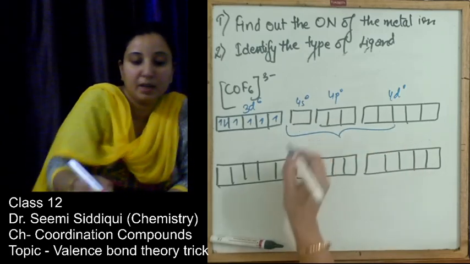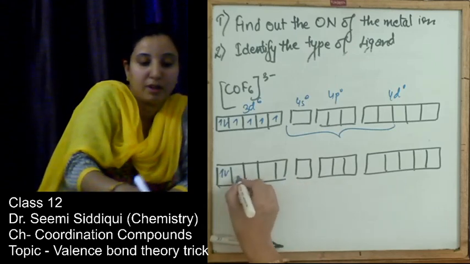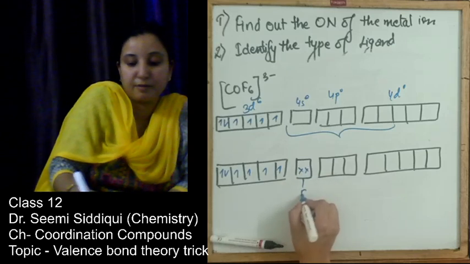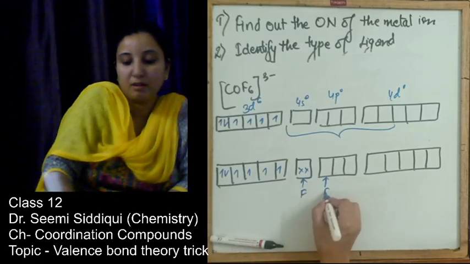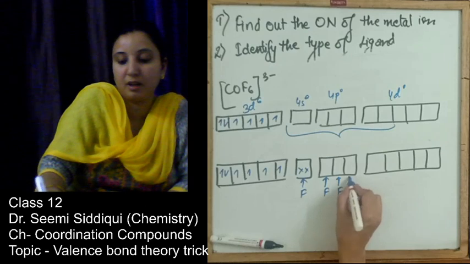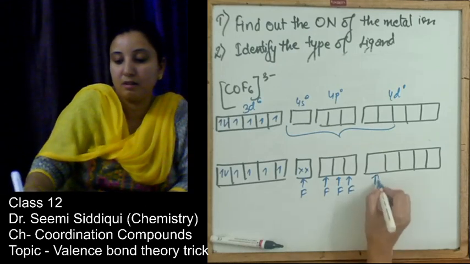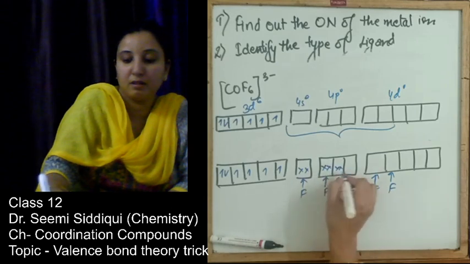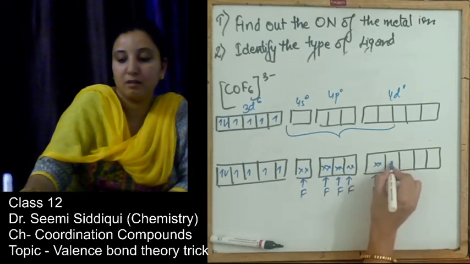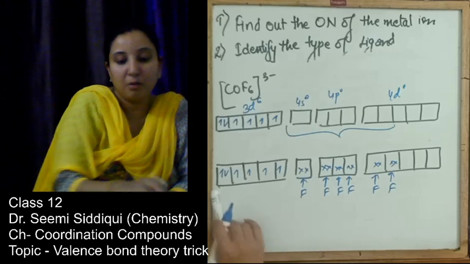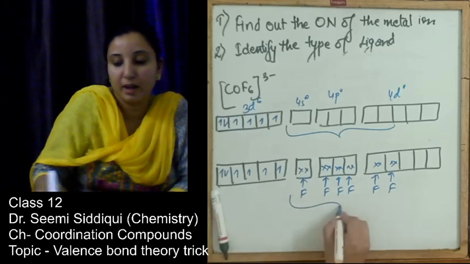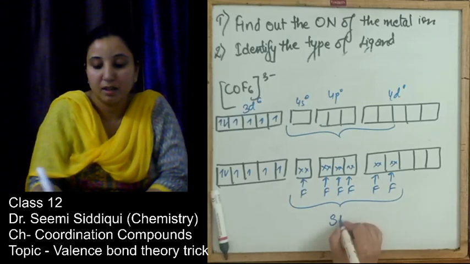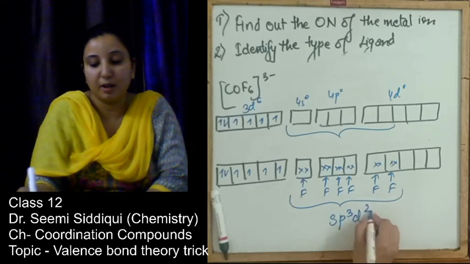So what will be its orbital picture now? 3d6, then fluorine, fluorine, fluorine, fluorine, fluorine, fluorine. Now over here, if you look, it has come in a combination of s, p3 and d2.